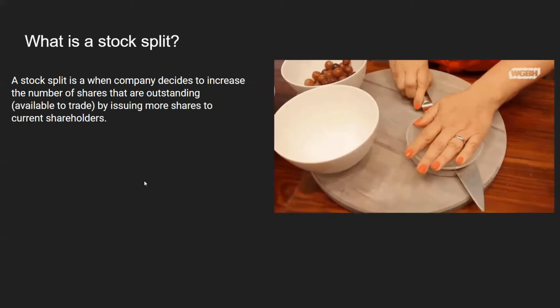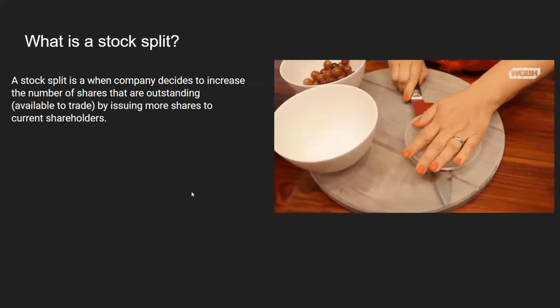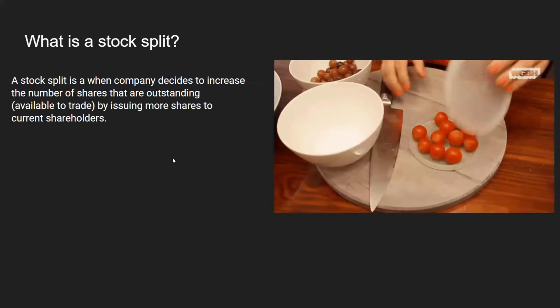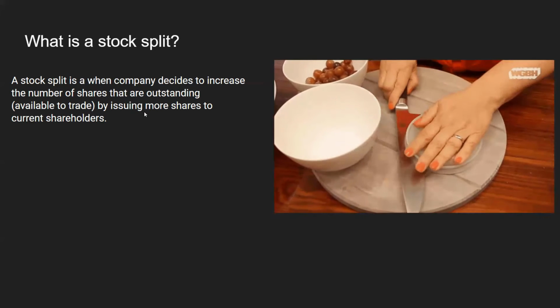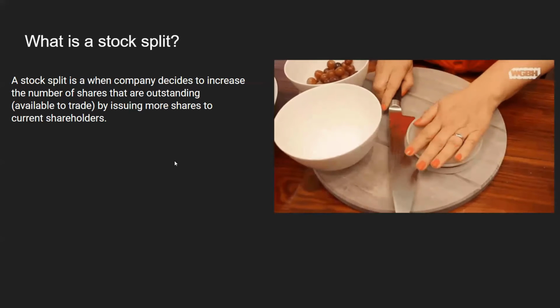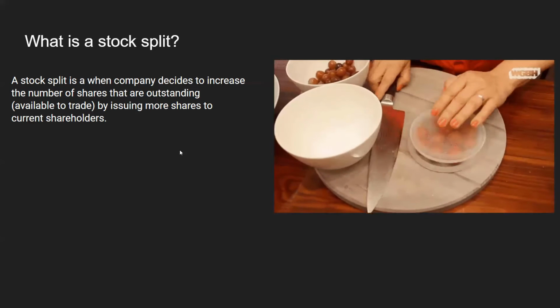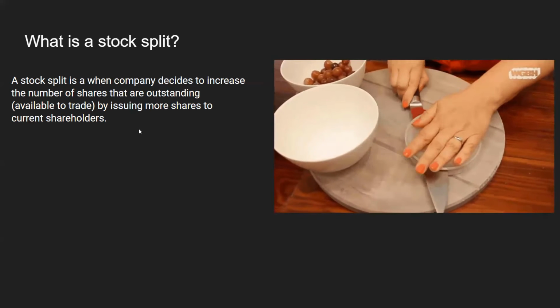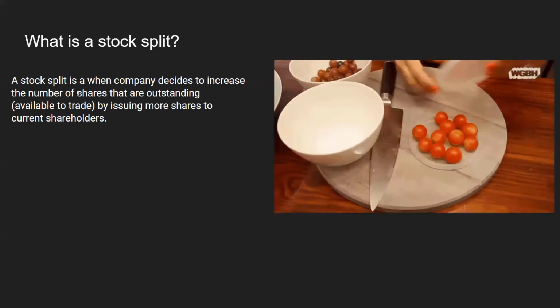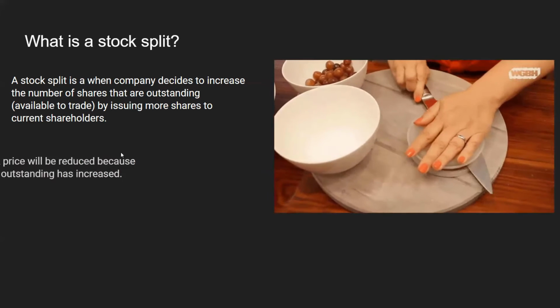So if you own X amount of shares of company Y and they wanted to do a stock split, the way that they would do this is by giving you more shares than you currently own. Now you may be asking, how is this possible? How do they magically give you more shares? Well, again, the way that they do this is to increase the number of shares that are outstanding.